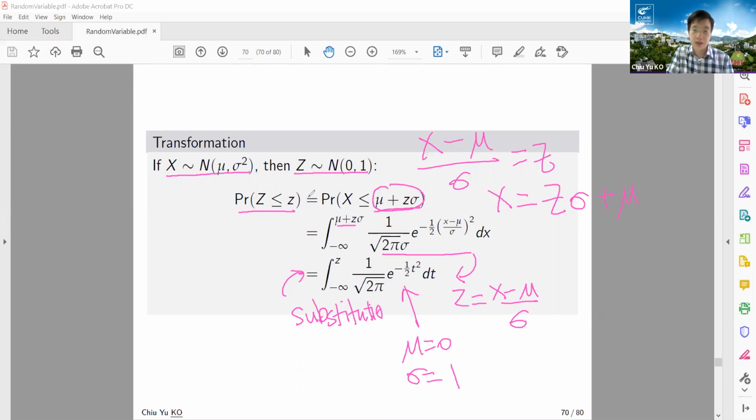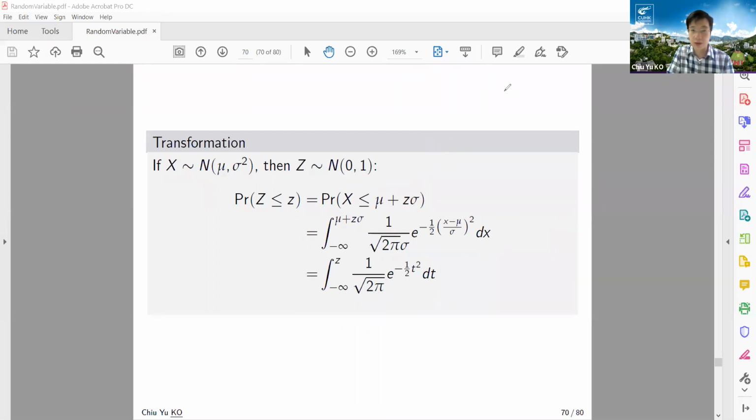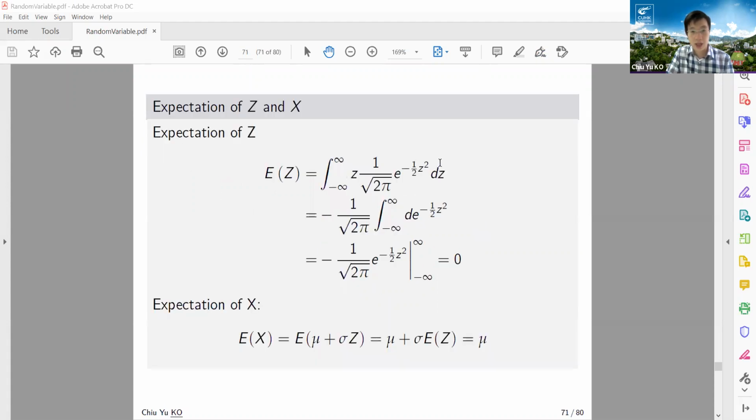But anyway, just for your information, you don't really need to worry about the math here because it's for technical purposes. And here is to show you why the standardized mean is 0, and this involves just the standard substitution method. Okay, and the limits of infinity and minus infinity give you this, which is 2 pi.